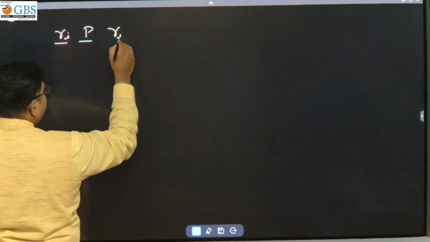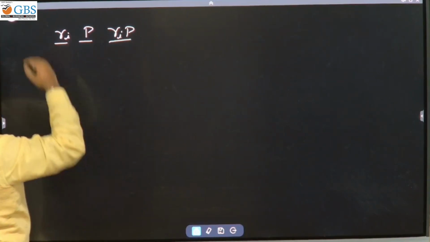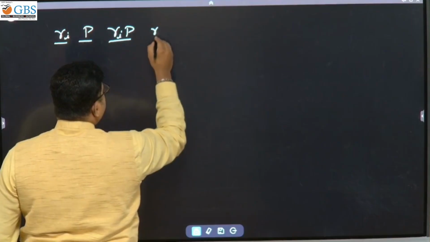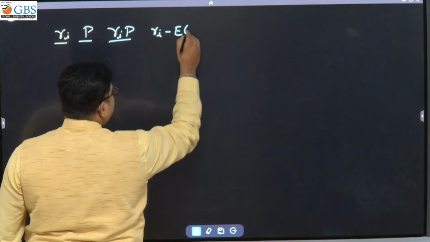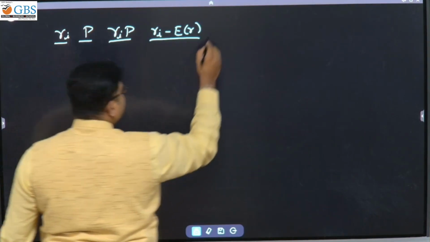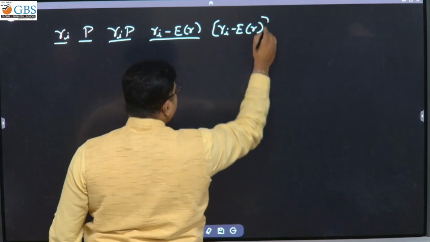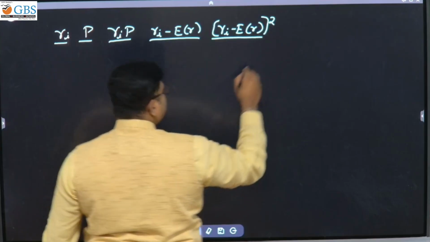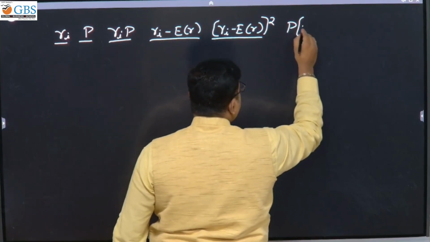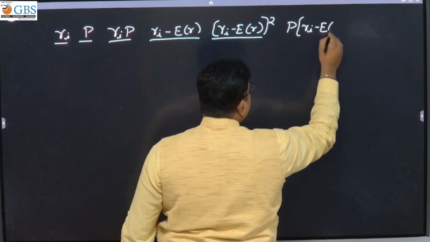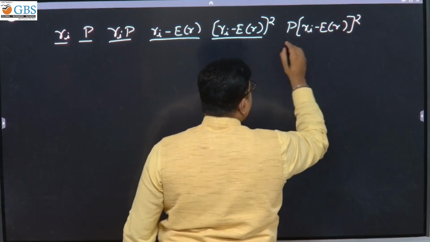Now please listen. Which are the columns you'll get? Ri, probability, then Ri into probability. Next column, Ri minus E of R, then Ri minus E of R whole square, then P into Ri minus E of R whole square.